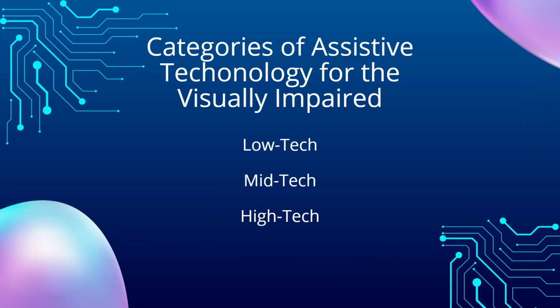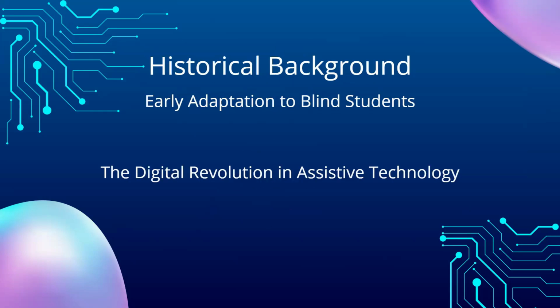Now let's take a step back and look at the historical development of assistive technology for the blind. Assistive technology has been around much longer than we think. In the 1800s, Louis Braille introduced the Braille system, a tactile reading and writing method that transformed literacy for the blind. In the 1900s, we saw the creation of talking books and tactile maps as early examples of making information accessible through sound and touch.